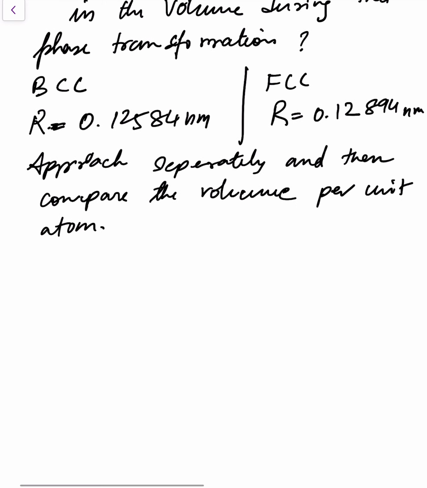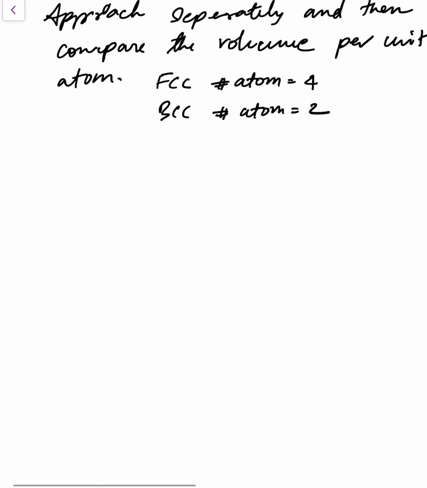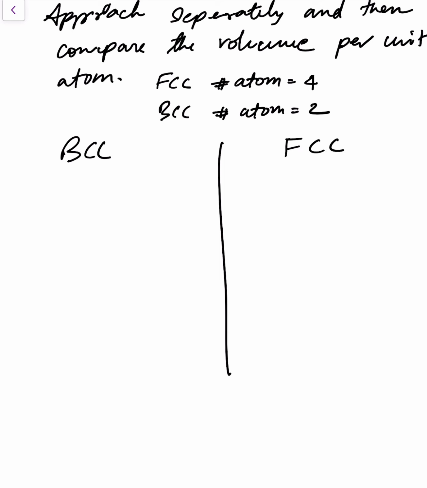Since FCC number of atoms are 4 and BCC number of atoms are 2, we would like to compare the volume on a per unit atom basis. Okay, and so we are going to use that approach. And so one is finding out the volume of BCC versus finding out the volume for an FCC structure.